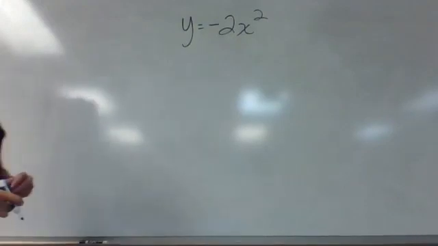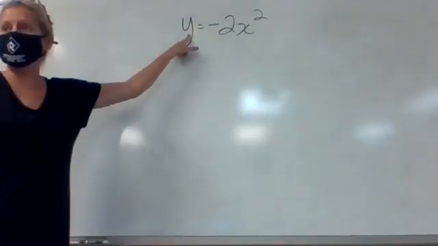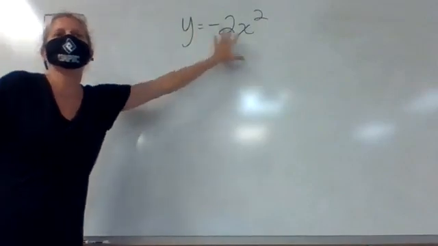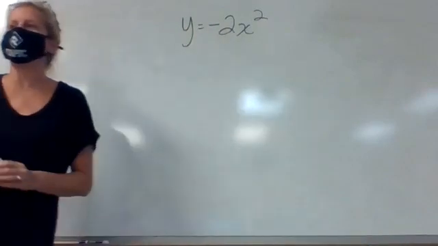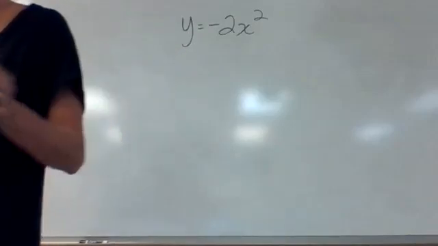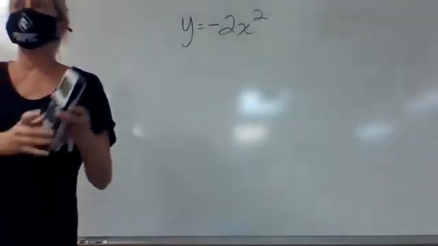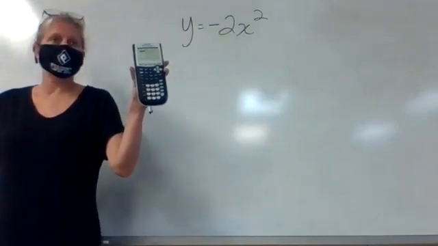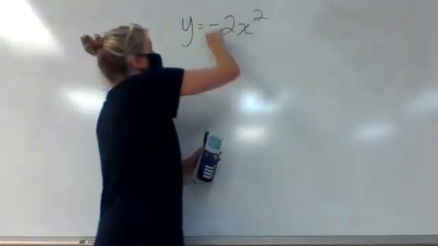The good news about this one is y is already by itself. So I don't have to do any work on this particular problem to get y by itself. That's what you like to see, right? Because if you see that, you're going straight to here and just type it in.